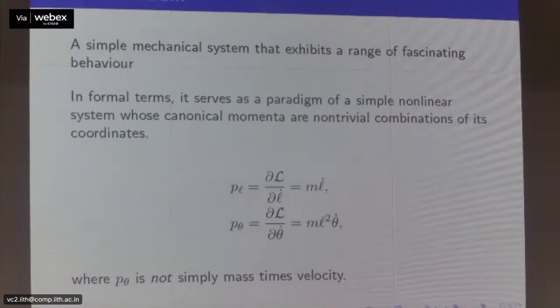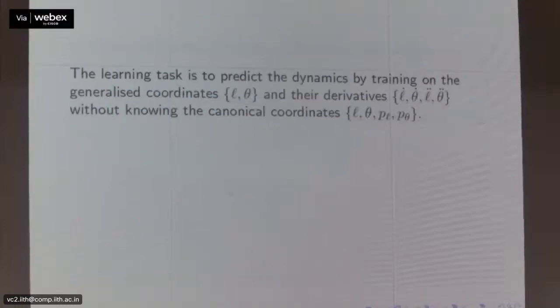So the elastic pendulum, again, is a nice example because the momentum mixes the two coordinates. So it is not easy again to guess unless you do all your homework. And so we just gave theta dot and L dot, or L and theta, and not the momentum. Let's see how well it did.